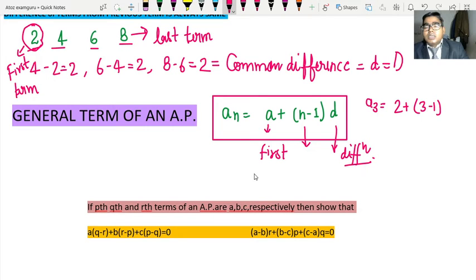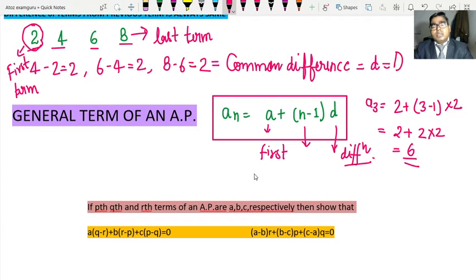The common difference in this case is 2. By solving, 2 plus 2 into 2 we get 6, and the third term from the start is 6 in this series, so it is proved.